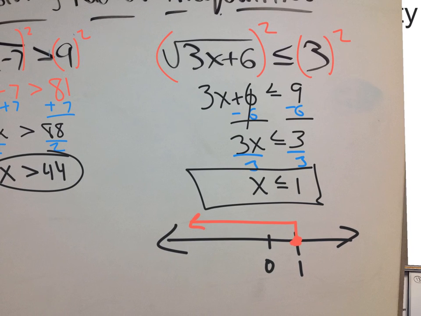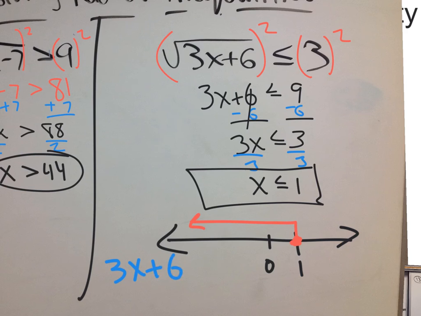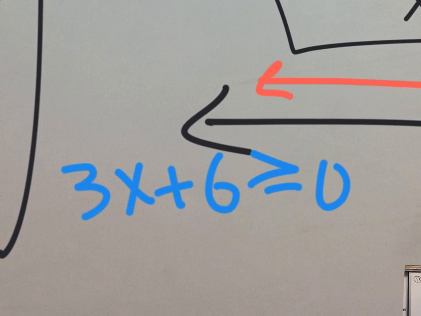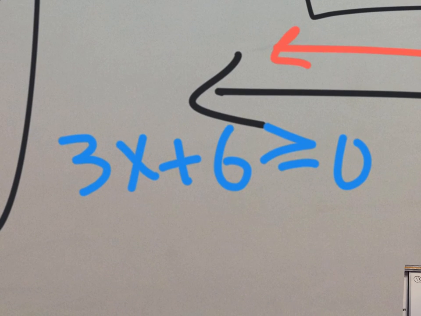If we're looking at this equation, our radicand value is 3x plus 6. So if I take that 3x plus 6 and set it to be greater than or equal to 0, because I need it to be a positive value, and I solve that thing, I'm going to have minus 6 here, minus 6 there.